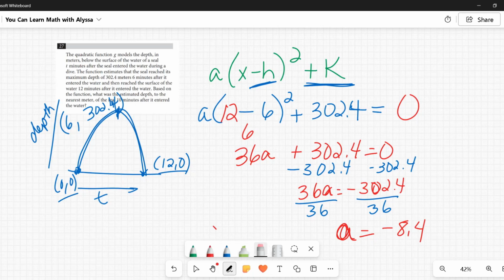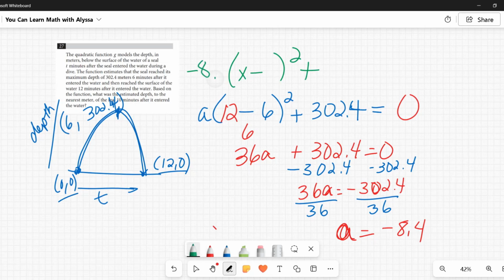Woohoo! Now I know I can go back into this version up here, which is the ultimate version. I can put in negative 8.4. Can't write worth a flip.